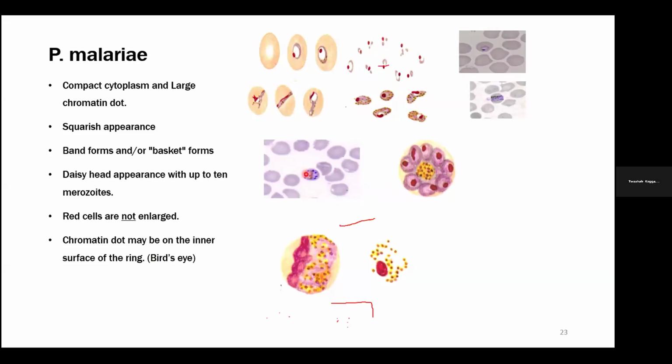Also, there is a lot of pigment right from the trophozoite stage to the schizonts and up to the gametocyte stage. In P. malariae, the infected cells are not enlarged, but there is a lot of pigment, like you see in these fields here.